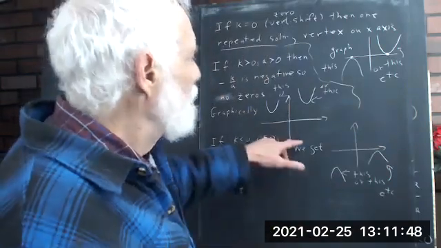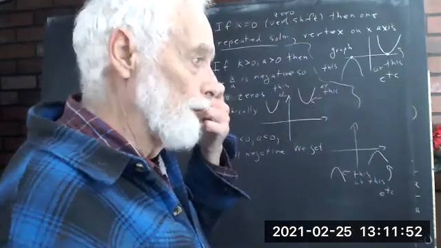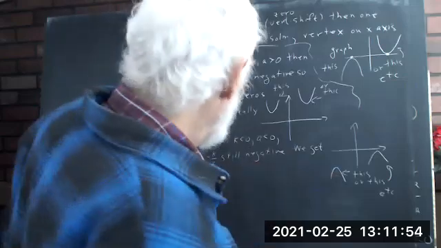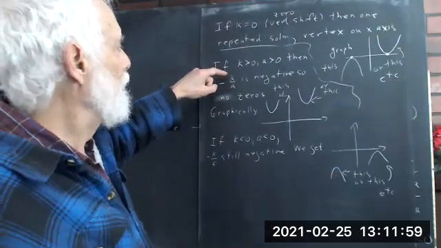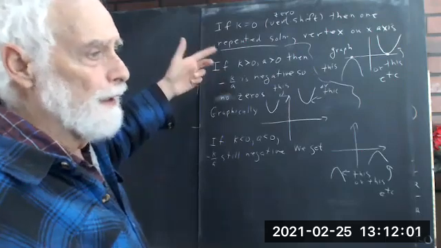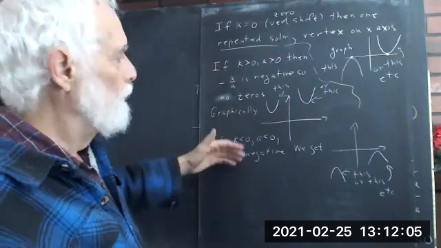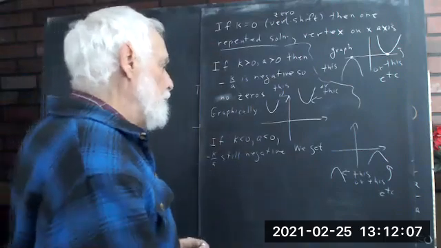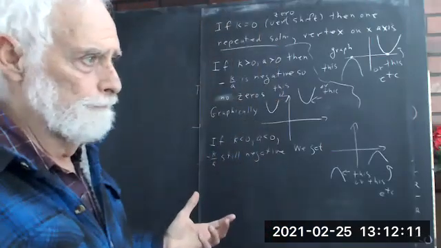So if the parabola is totally above the x-axis or totally below the x-axis, well, that means that k and a have the same sign. Because there are only 2 ways this can happen. So there's kind of an overview of the way the graphs can turn out.